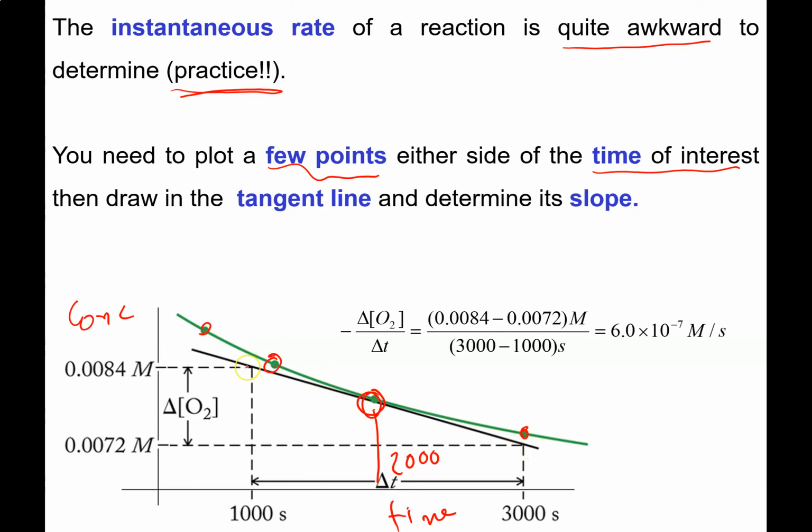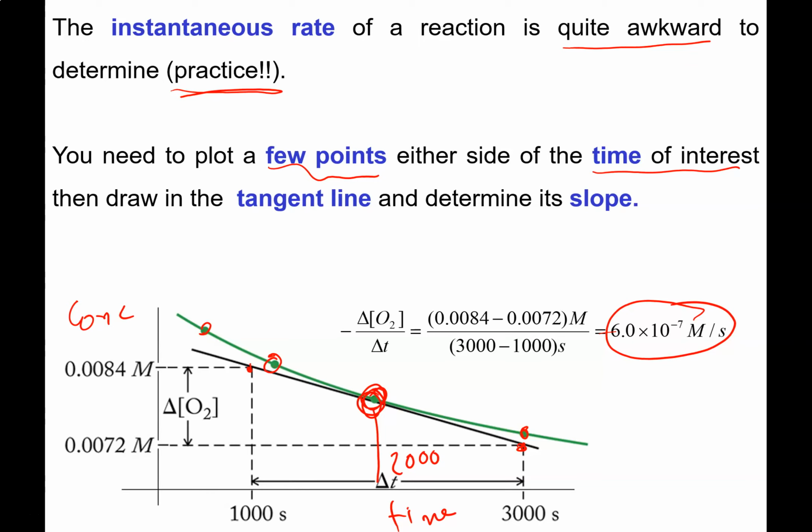And then I just pick 2 convenient points on my tangent line, and I can calculate my slope. And so the rate of consumption of O2 in this case is going to be my final value minus my initial value divided by my final time minus my initial time. And then that's going to give me my instantaneous rate, at least an approximation of it at that particular time point.